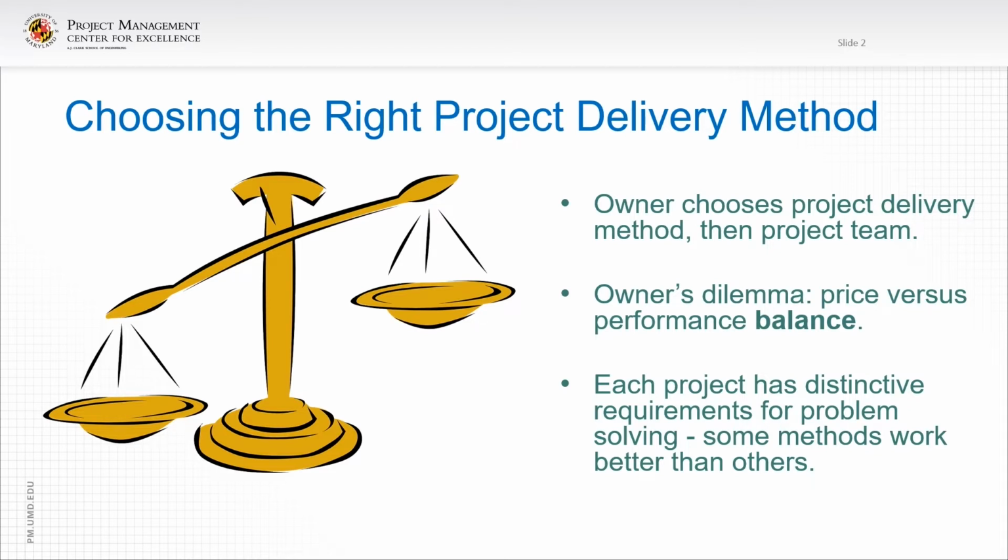Whereas in, for example, the bidding and procurement process of design, bid, build, the construction manager does not get involved in design management, only in construction. But there is a distinct advantage for performance in the owner hiring a construction manager during design.